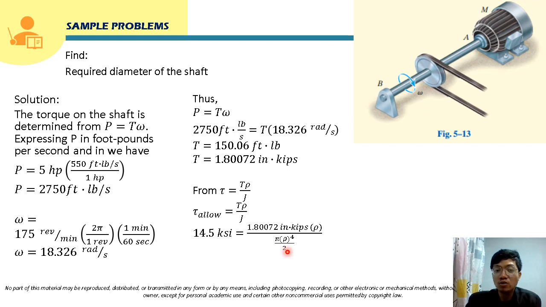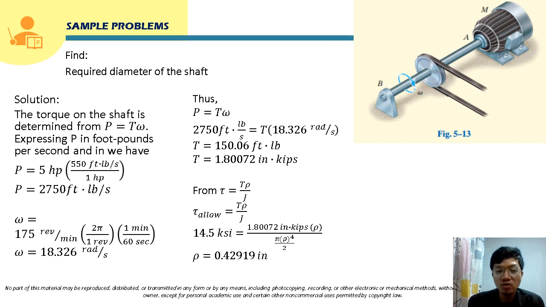So we can now solve rho cube by 1.80072 divided by 4.5 times pi over 2, and then for the answer, we will get its cube root, since this is rho cube.